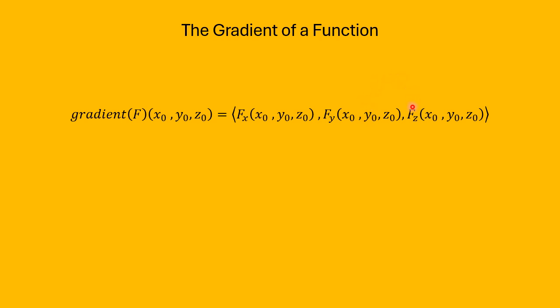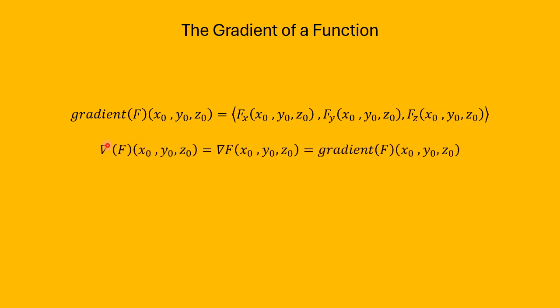And the third component involves the partial derivative of f with respect to z. So there are three components of this vector. When we evaluate these partial derivatives at x0, y0, z0, this vector consists of three components, all of which are real numbers.